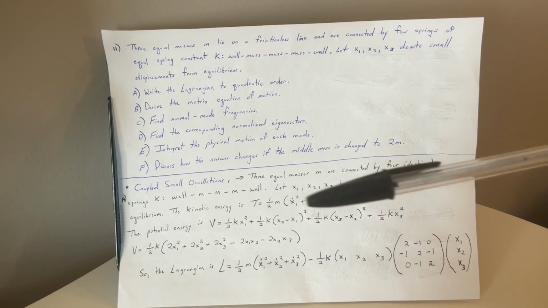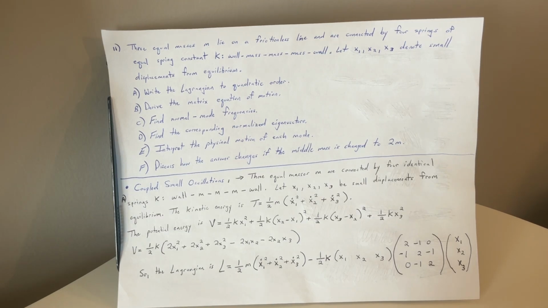And the potential energy is V equals 1/2 k x1 squared plus 1/2 k times the quantity x2 minus x1 squared plus 1/2 k times the quantity x3 minus x2 squared plus 1/2 k x3 squared.